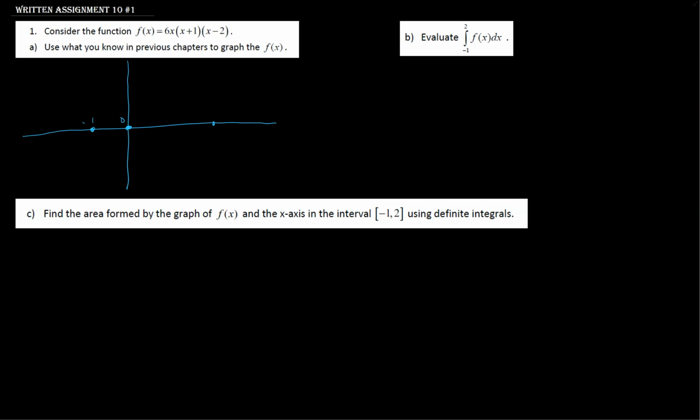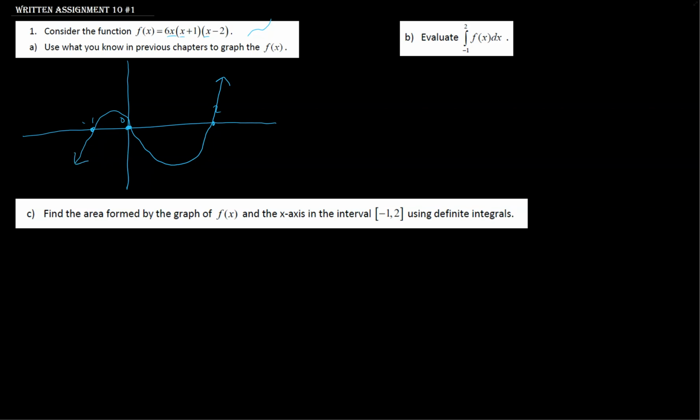Those are the x-intercepts. The equation resembles x times x times x, which is x to the third with a positive leading coefficient, so it looks like this: up, down, and cross. That's the sketch of the function.